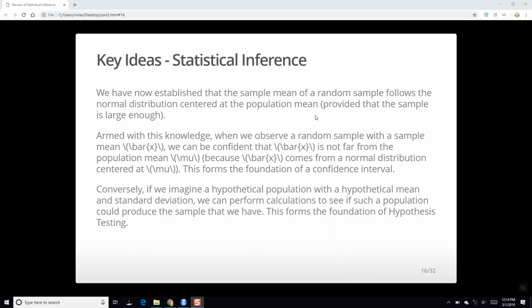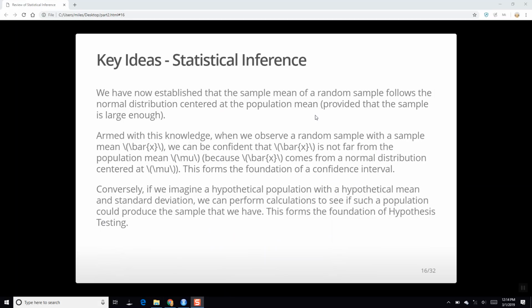This is a wall of text. But the idea here is that we have now established that the sample mean of a random sample follows the normal distribution, okay? And that normal distribution is going to be centered at the population mean.